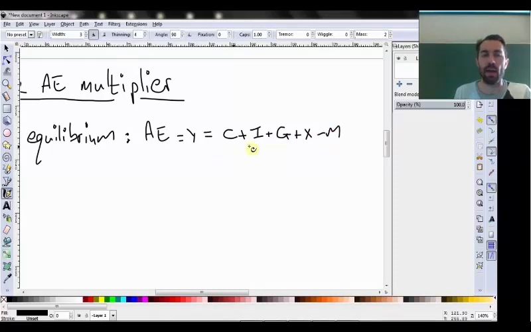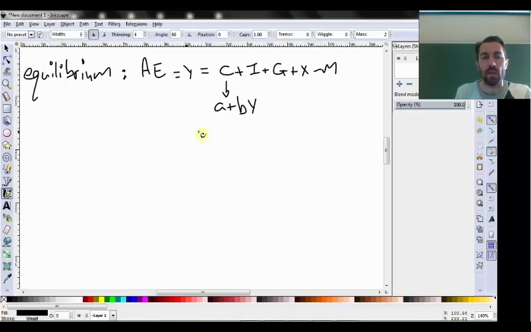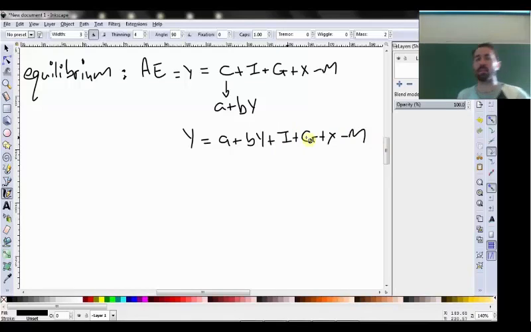And we can write C as A plus BY. Therefore, I can write this equation as Y is equal to A plus BY plus I plus G plus X minus M. Okay?